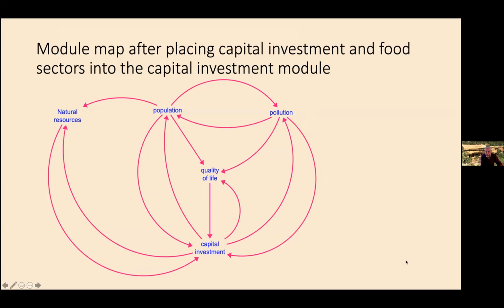Don't start with the microstructure of the model presented as a causal map. That's not very helpful. So the causal diagram is at an aggregate level, and it's definitely helpful to start with that. That's our dynamic hypothesis. It has to be aggregate and at a high level. That's what I advise.